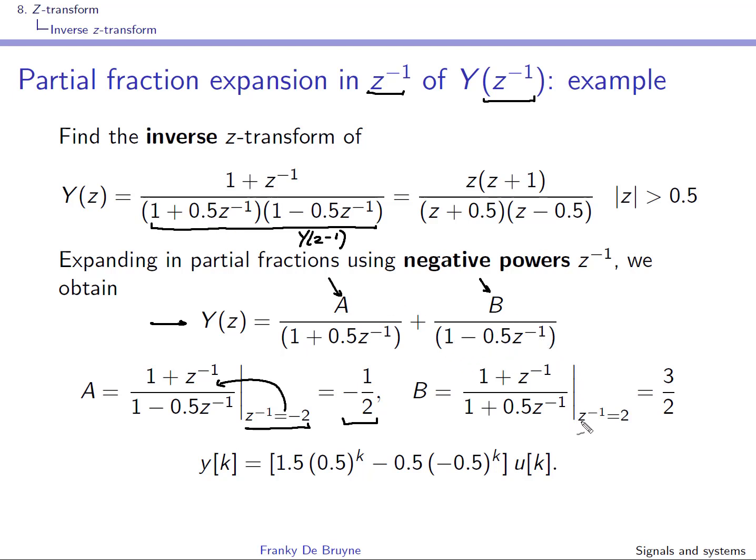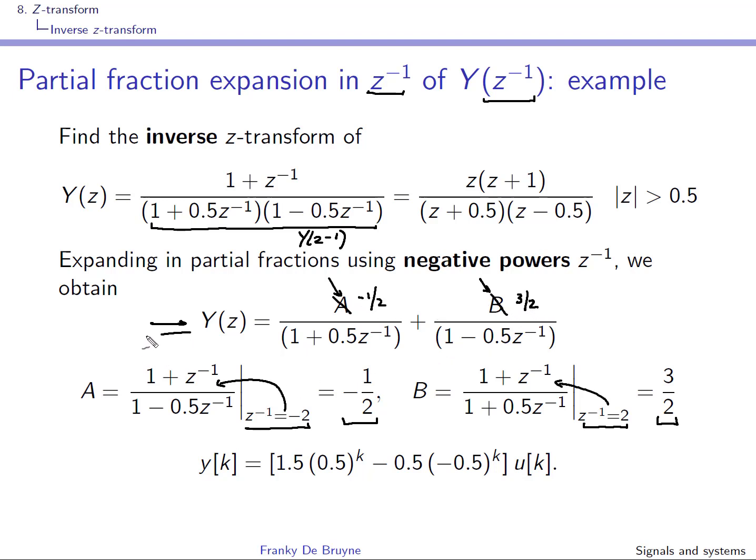So it's z minus 1 equal to 2. You can see that this is indeed the root of the denominator. If we inject z minus 1 equal to 2 in here, we have 3 over 2. So this is minus a half, and this is 3 over 2 over here.